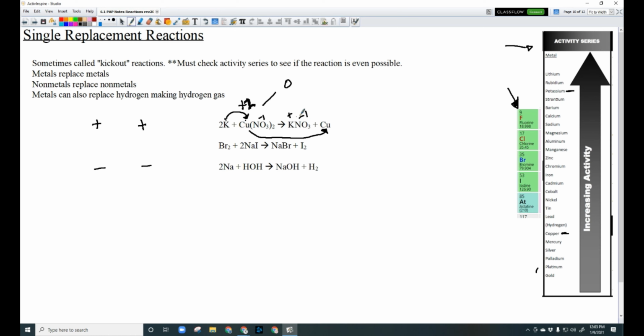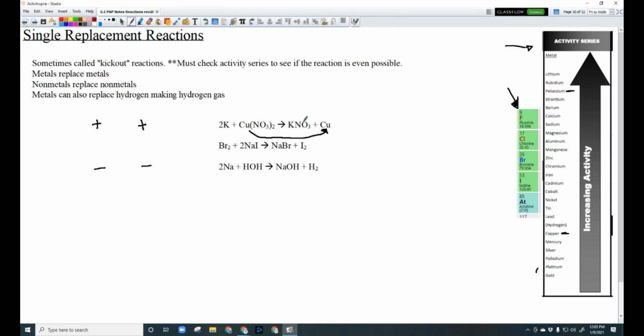So we can't change formulas. We just don't automatically come over here and write NO3 just because it's on this side. Remember, we have to balance out those charges. So that's why it's written the way it's written. And we just use coefficients now to balance out these atoms.